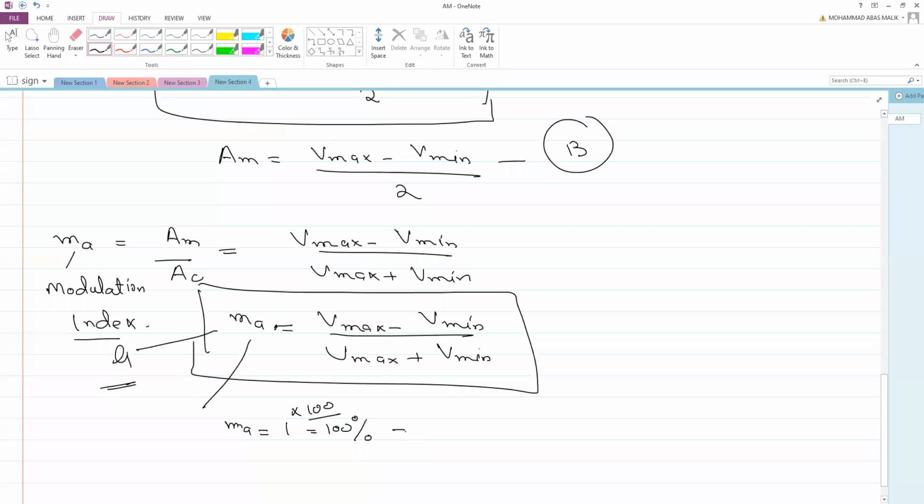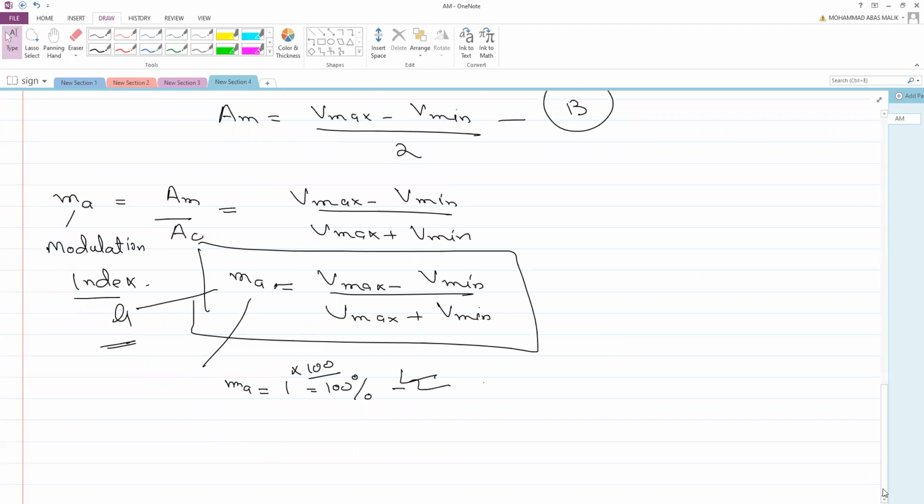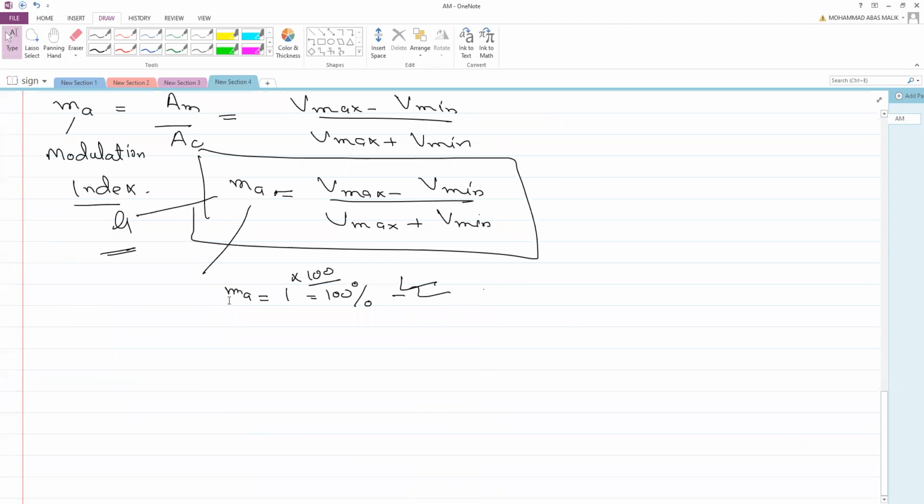So modulation index gives the depth to which the carrier signal is modulated. Its range is always from 0 to 1, because V max minus V min will always be the smaller value, and V max plus V min will always be the greater value.